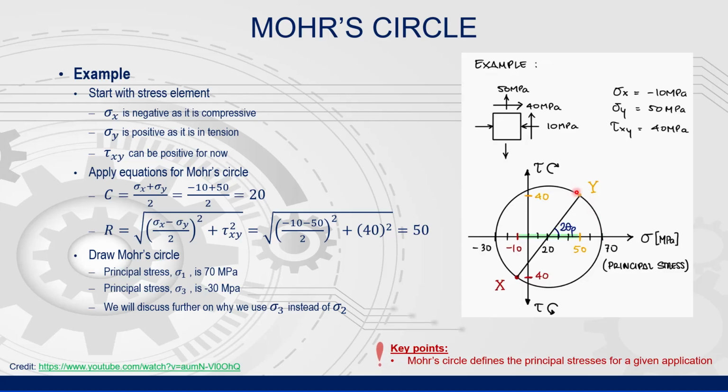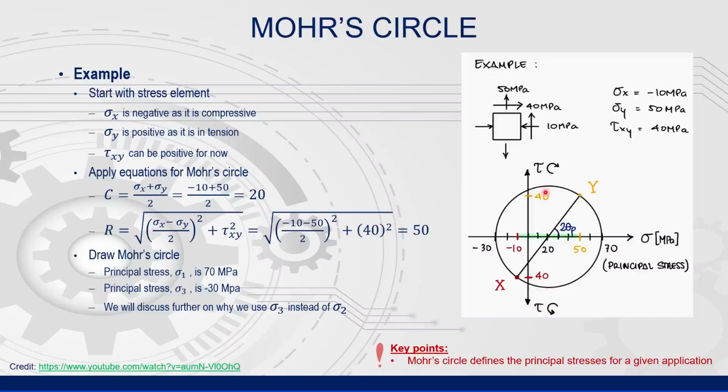Then we simply read values from the graph. In this example, we find that the maximum stress is 70 megapascals, and the minimum stress is minus 30. We can simply read this directly off the axis at the point where the circle crosses the horizontal axis.